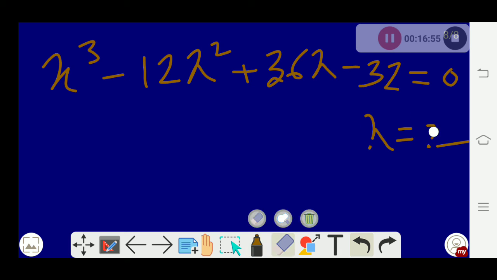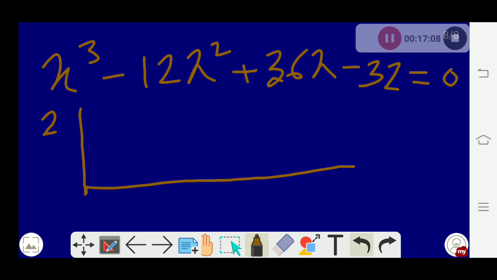So what we need to do is take 2 and write the coefficients. The coefficient of lambda cube is 1. The coefficient of lambda square is minus 12. The coefficient of lambda is 36.